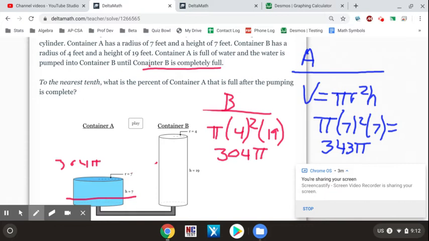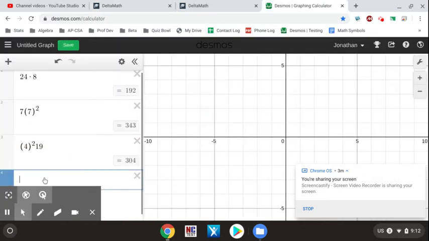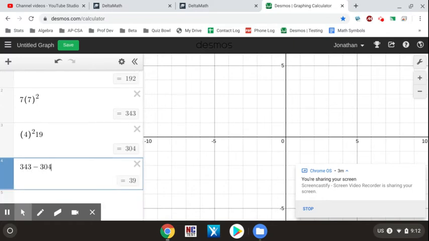That has been taken out. So to find out how much is left, I just need to do 343 minus 304. So once again, I can go over here. 343 minus 304 means I basically have 39 pi left in the tank.